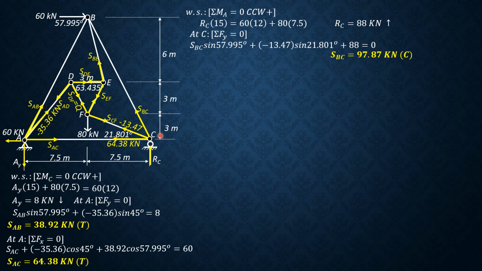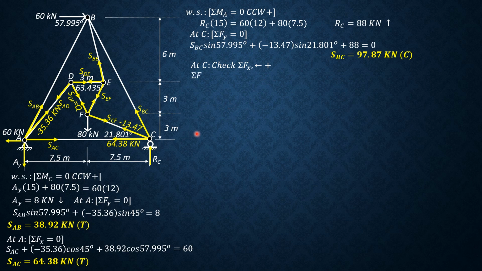Then let's check summation of forces X if this balances so that we can validate our answers. So if this is almost 0 or 0, then that means our previous answers were correct. So summation forces X, leftward, let's check leftward as positive.